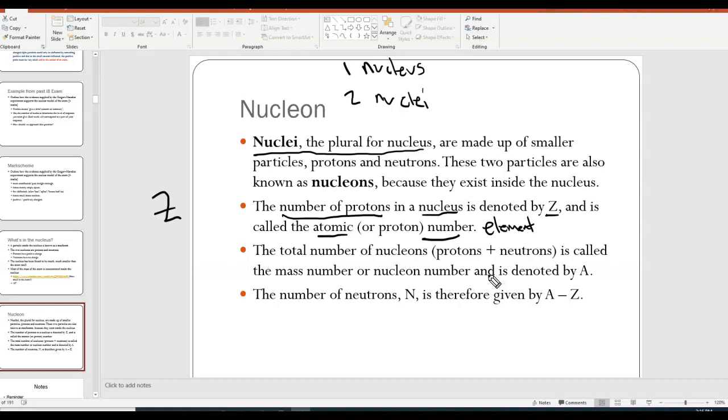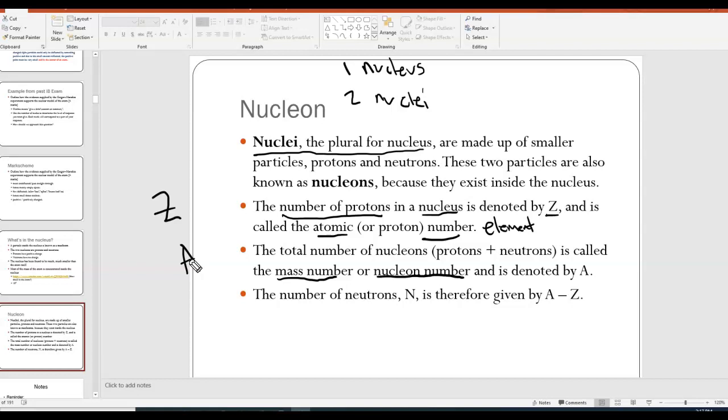The total number of nucleons, that is, the total number of protons plus the total number of neutrons, is called the mass number, sometimes called the nucleon number, and we give this a symbol capital A. When I talk about the mass number, a lot of people think it has to do with mass, and it doesn't really have to do with mass in this context. So don't get confused.